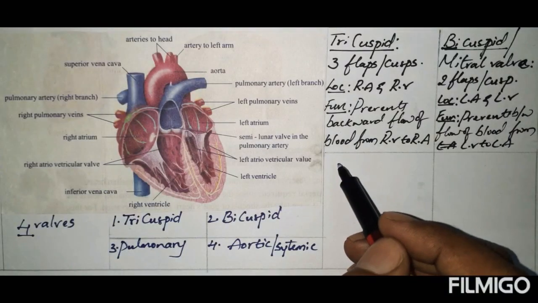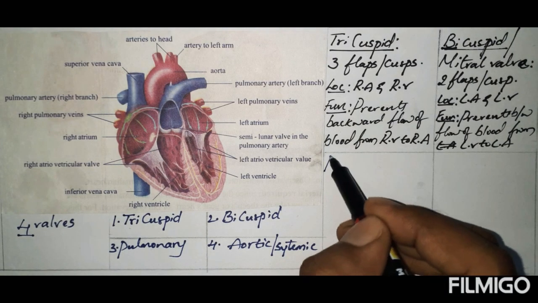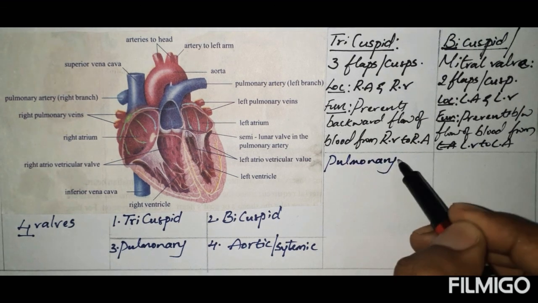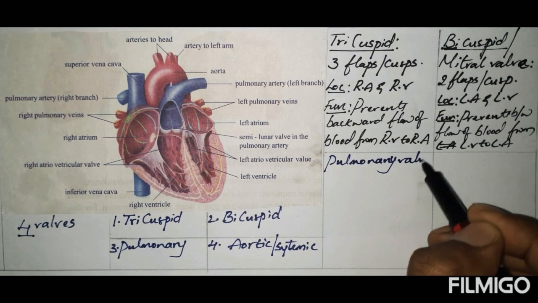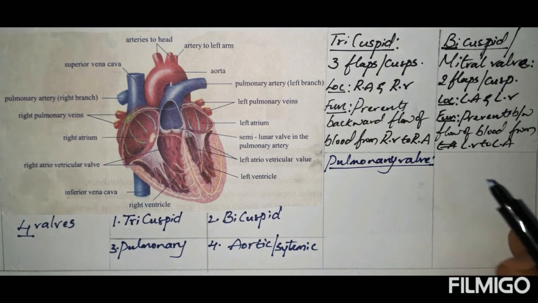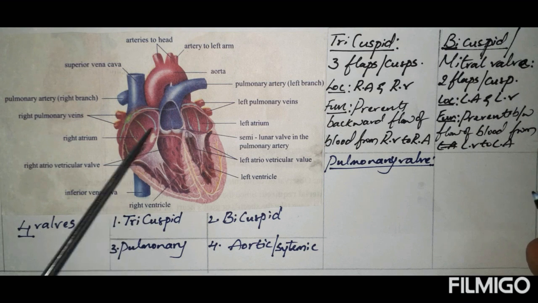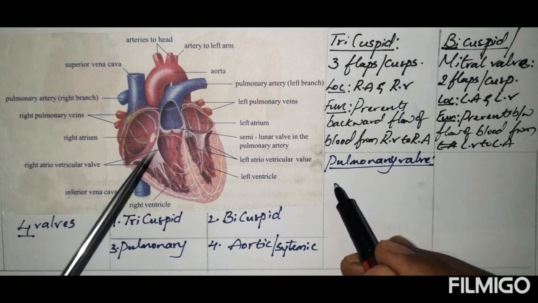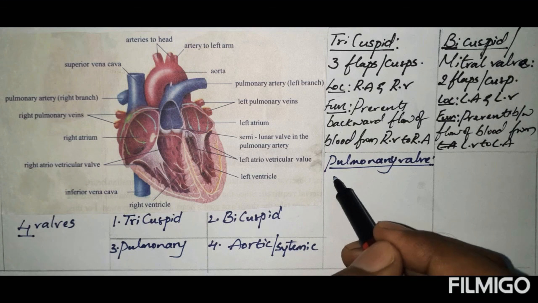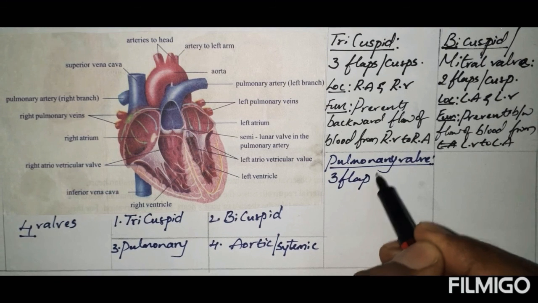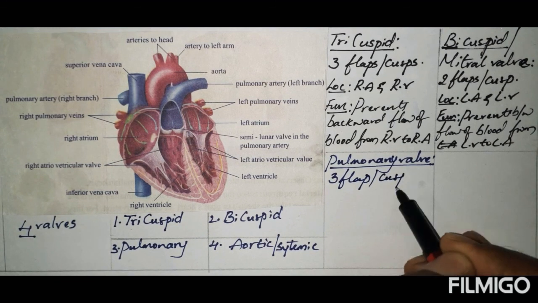And coming to the third valve, pulmonary valve. The name itself tells that this valve is located in the pulmonary artery. It is also made up of three flaps or three cusps.